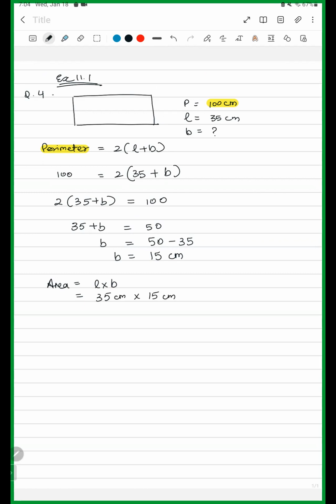Solve it. 525 centimeters squared. Very good. Fine. Got it? Yes.